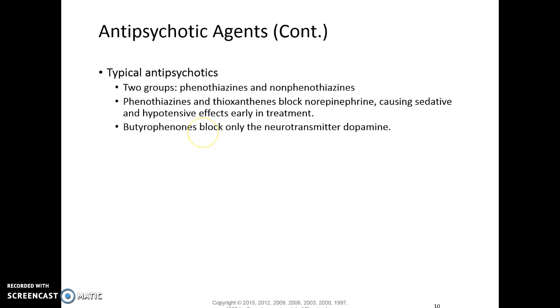You do have these other groups, the phenothiazines and the non-phenothiazines. You can use those in your drug cards if you would like to. I know for me, and I teach mental health, you're not going to have it that specifically broken down, and I'm also not going to have you do that on the test. However, if you want to have it on there, feel free to go ahead and do that.